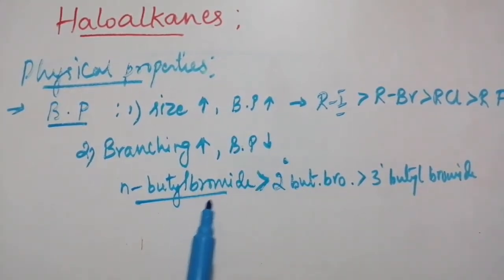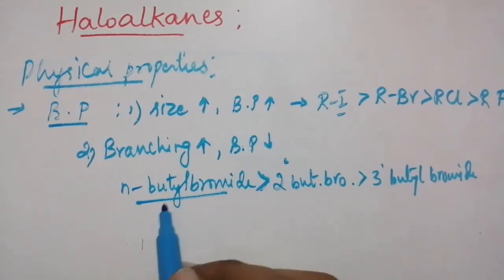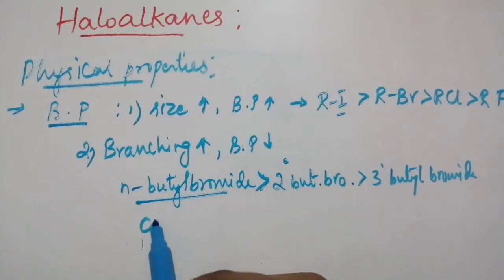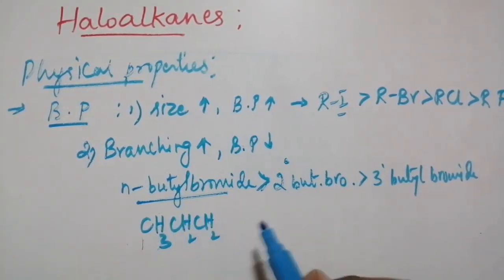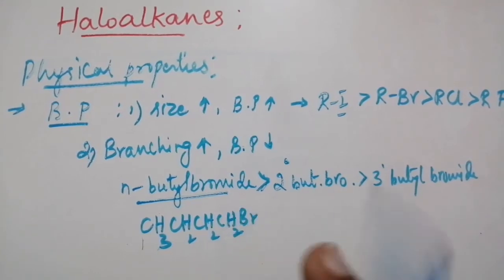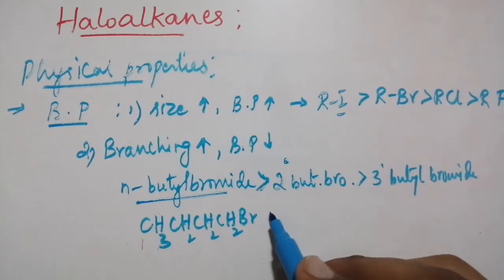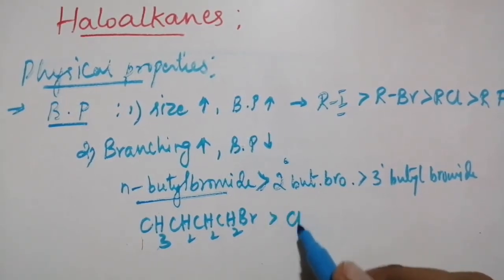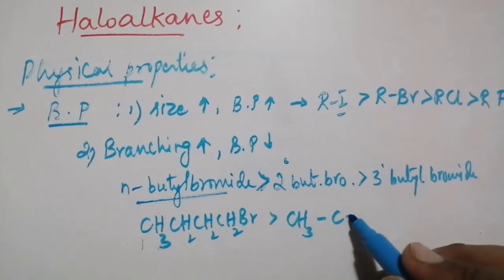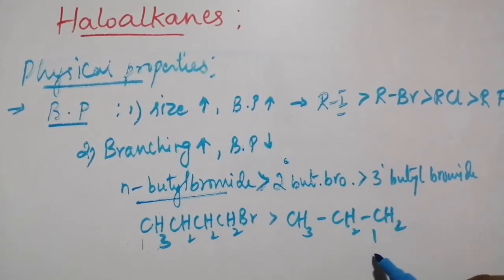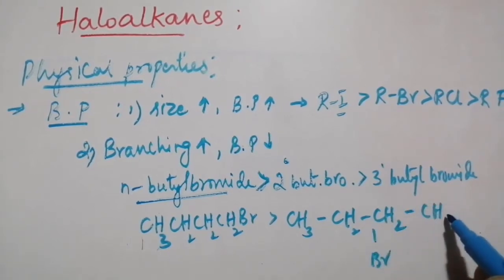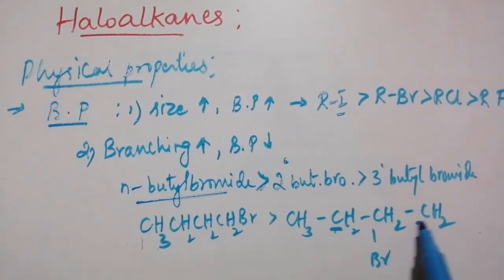Butyl bromide is CH3CH2CH2CH2Br, that is N-butyl bromide, and secondary butyl bromide will have branching, where the carbon attached has two alkyl groups attached to it.